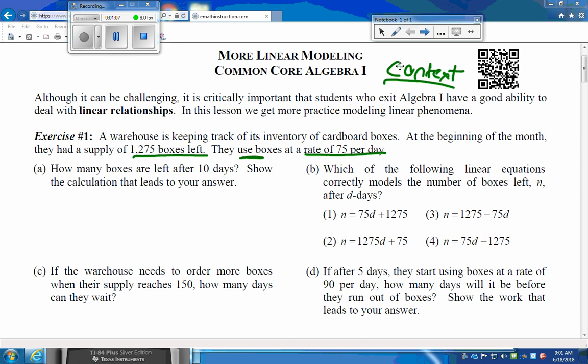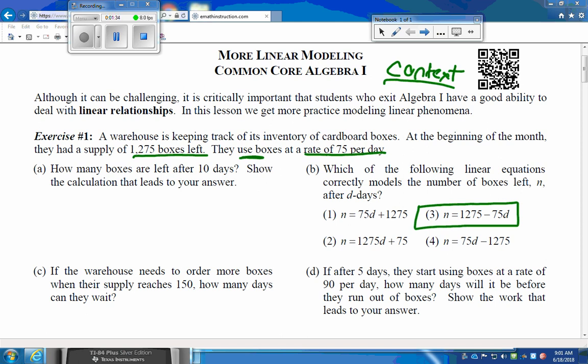Because that's a rate, that's going to be our slope. And the amount of boxes they start with, 1275, is the y-intercept. That means our answer is going to be 3, which means that n, the number of boxes left, is 1275 minus 75d, because they're using boxes at 75 per day.